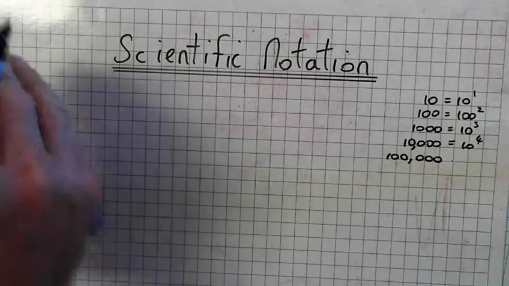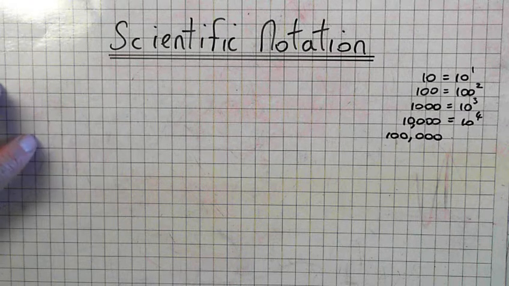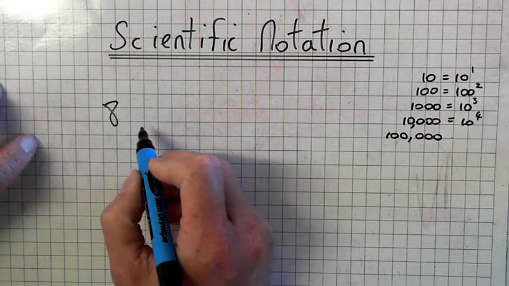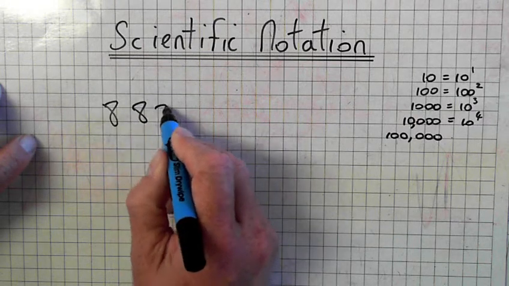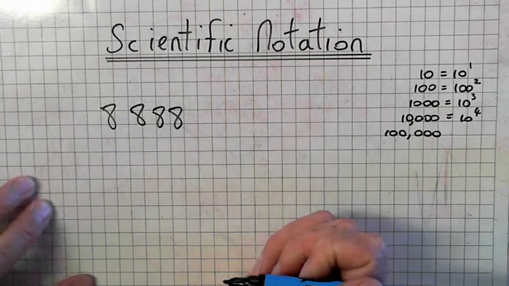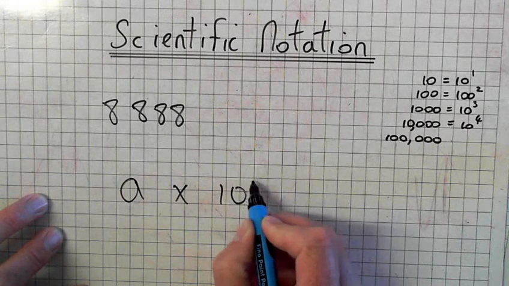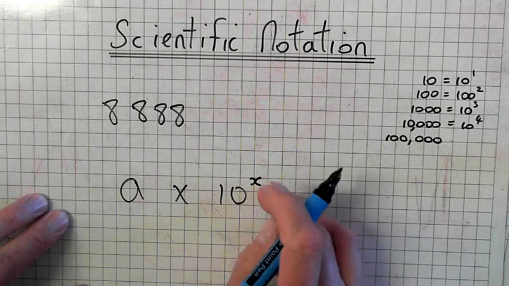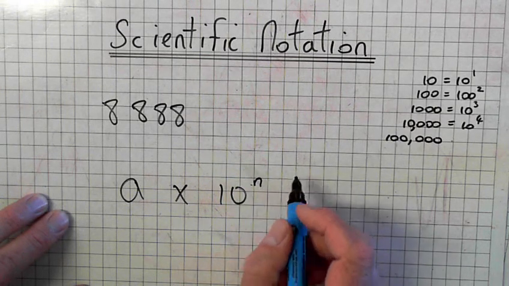Right, so we'll try another, call out another one. Ben, make up one. 8,888. Alright. So, same again. This is what the answer is going to look like. You can use any letter, so you can put n up there if you want.